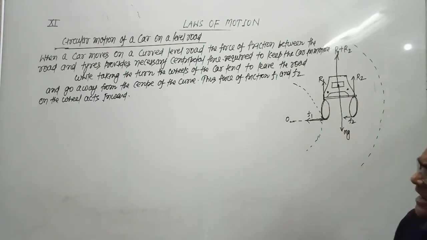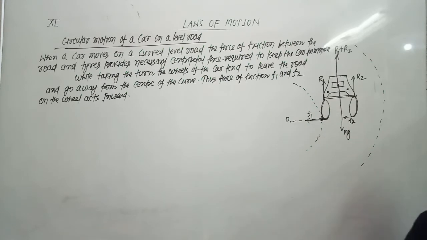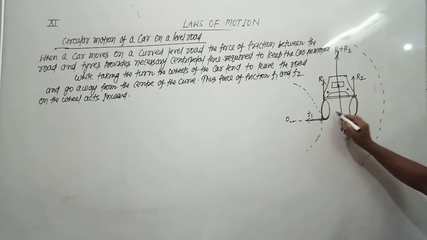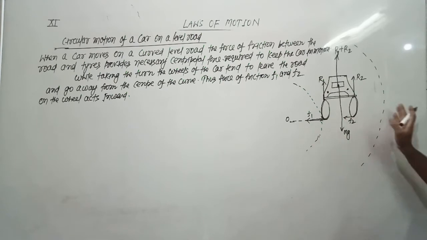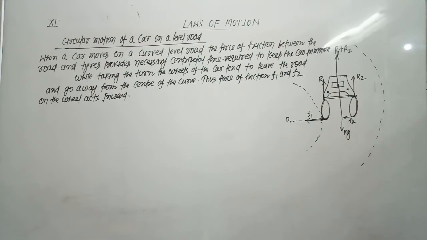So while taking the turn, when the car takes the turn, the wheels of the car tend to leave the road and go away from the center of the curve.